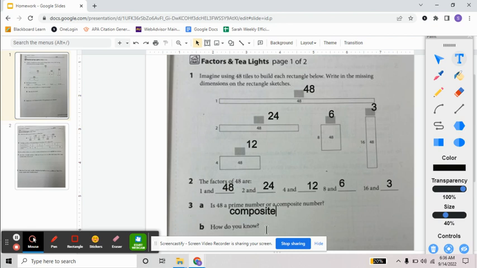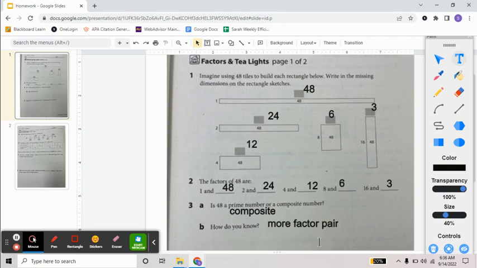I will accept the answers: more than one ordered pair, more than one factor pair, or that there is more than 2 factors, or that there is more than 1 and 48 as the factors.